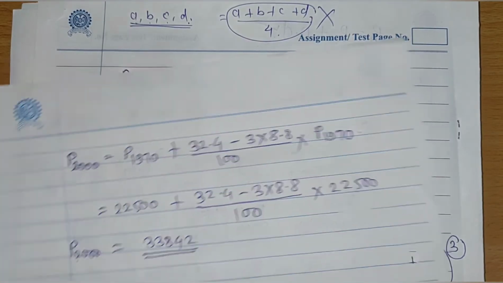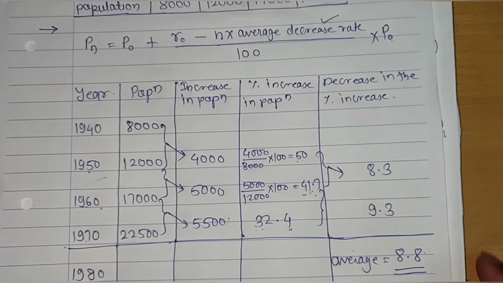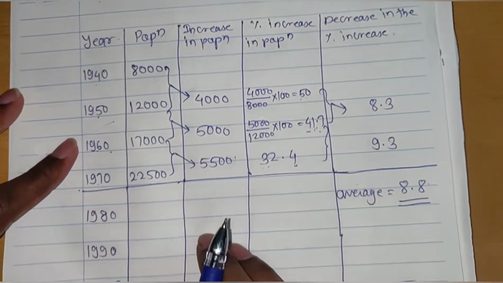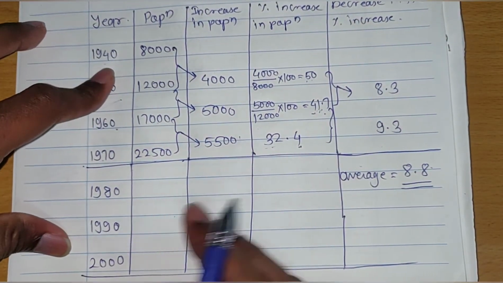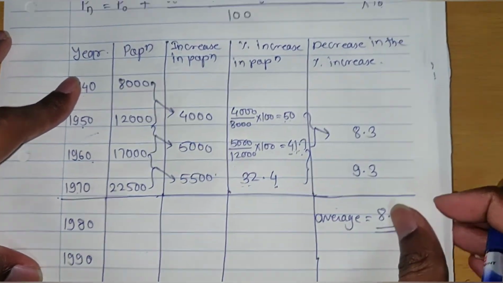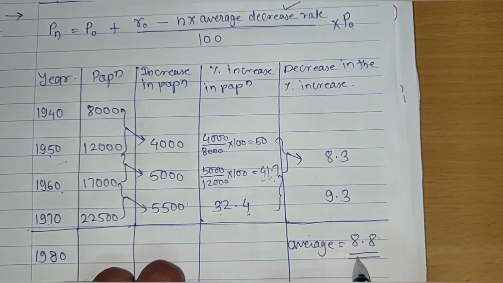Okay. Another method to solve this numerical, but this method is somewhat hectic, so I will explain it to you. We know that the decrease in percentage increase is 8.8.